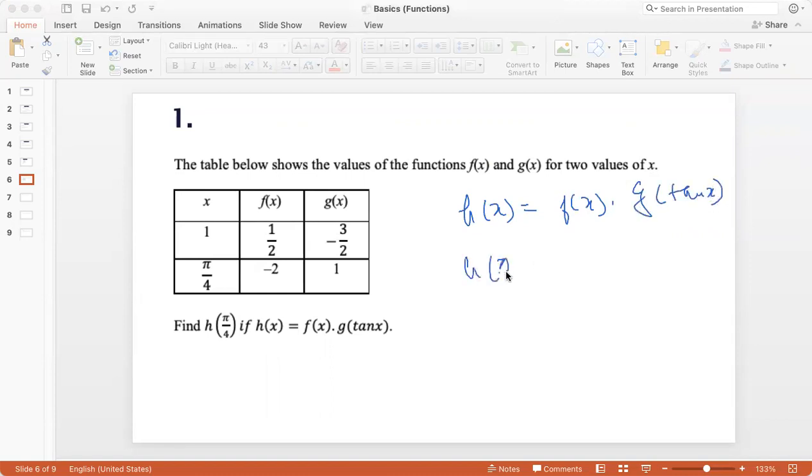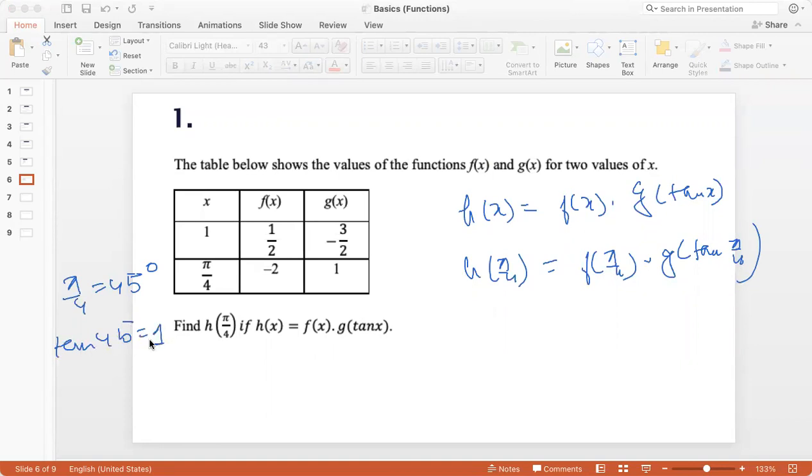So h(pi/4) is f(pi/4) times g(tan(pi/4)). Now, if you work with radians, then pi/4 radians is 45 degrees and tan 45 is 1. So this becomes f(pi/4) times g(1), because tan(pi/4) is 1.